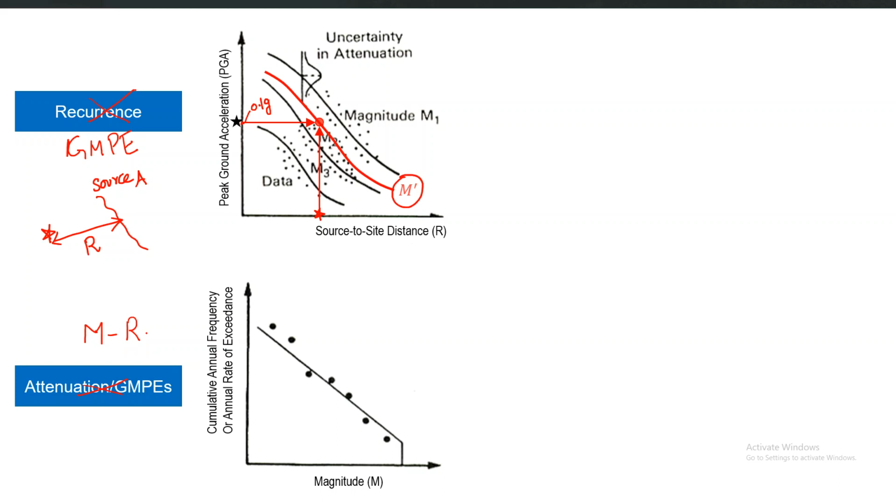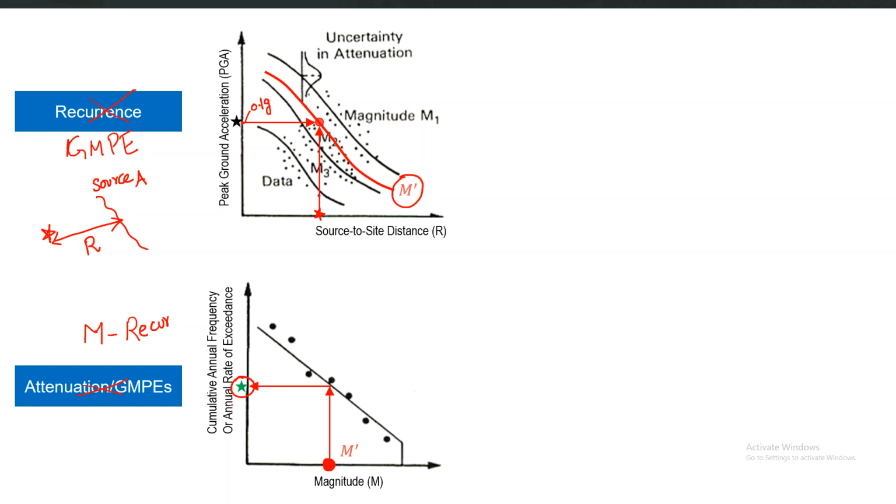Please don't confuse that R with this R; that R is the source to site distance. We bring that M prime to this curve, and let's say it is somewhere here. Using the MR relationship, we come up with this value, and that will be the cumulative annual frequency or annual rate of occurrence.